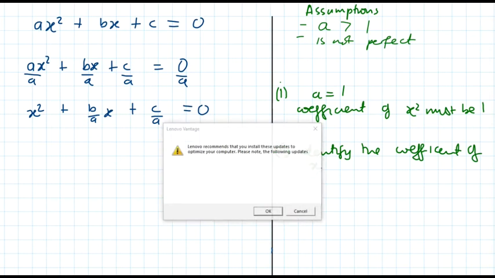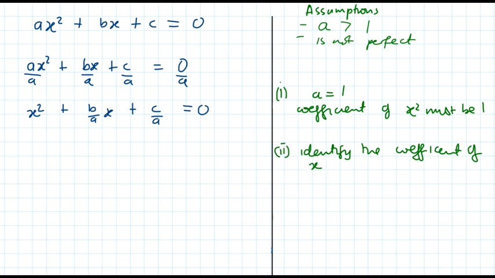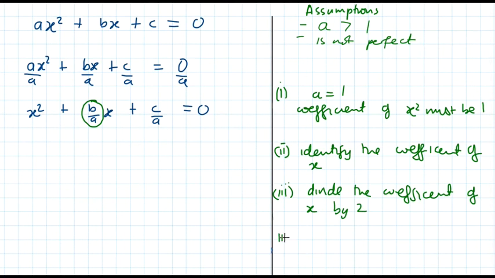We identify the coefficient of x, which is b over a, and then after identifying it, we need to divide the coefficient of x by 2. So after dividing it by 2, we have to square the result, and after squaring the result, then we have to factorize the square.